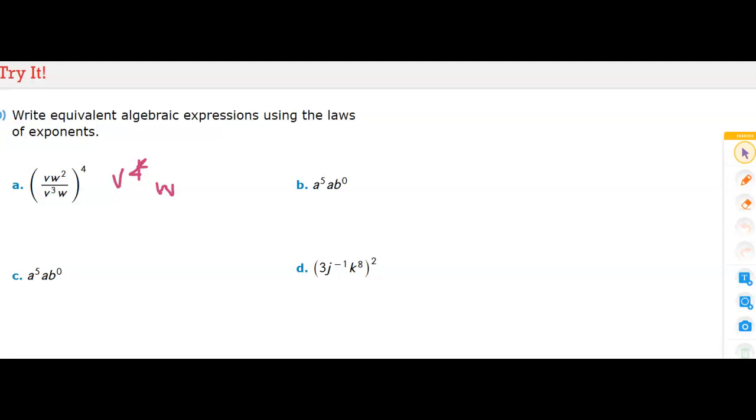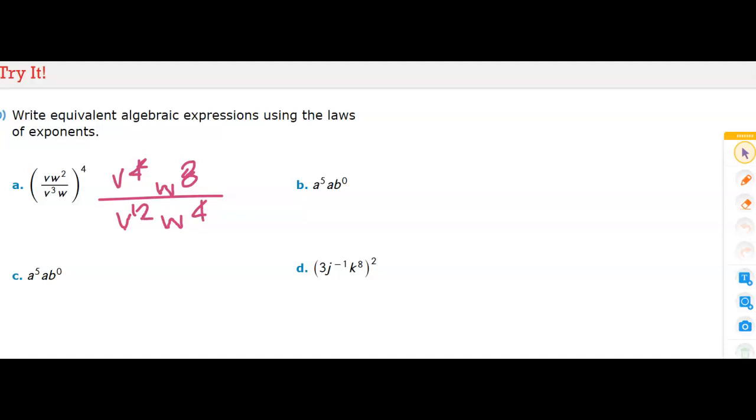We know that because it's on the outside of the parentheses, I can multiply these two. So I'm going to just make that w to the 8th power over v cubed. Again, we have the 4 on the outside, so we multiply those. It'll be v to the 12th power. And then we have w to the 4th power.